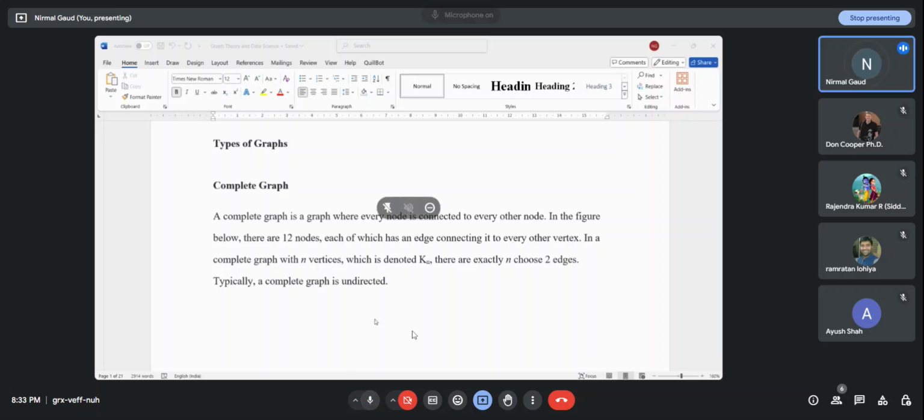Hello everyone. In the previous class we were studying graphs, and we started with the problem statement of Koenigsberg, a Prussian city, where there were islands connected by bridges.